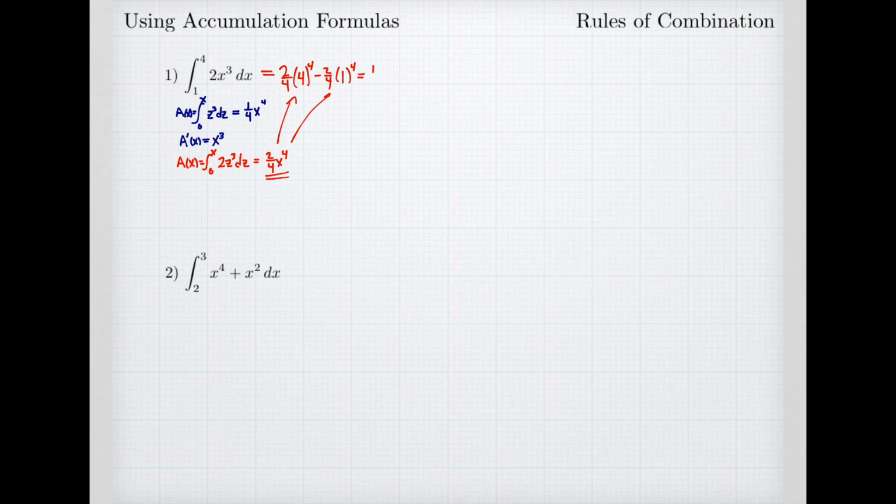So that gives me 1/2 of 4 to the 4th, 256, minus 1/2 of 1. So 255 halves.